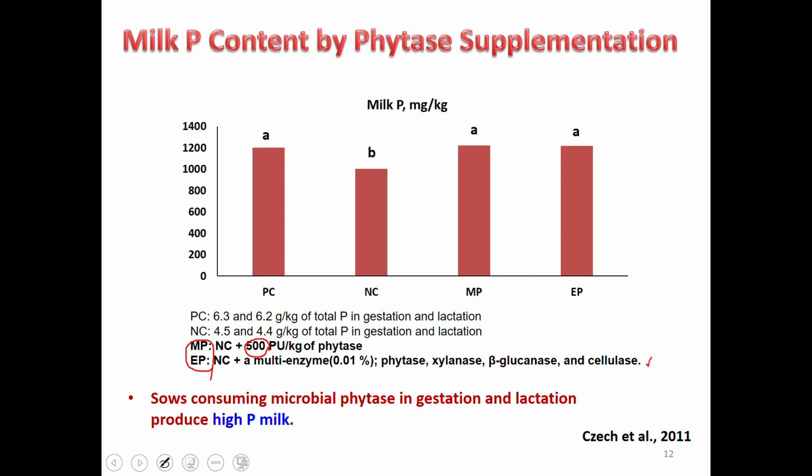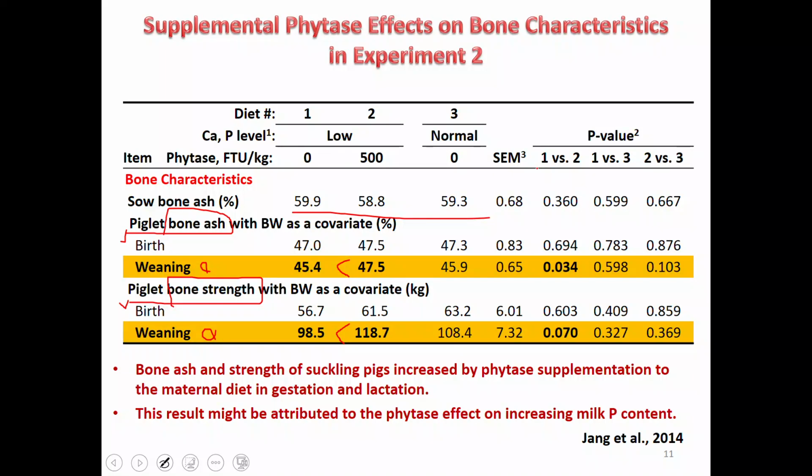Then in gestation and lactation period, phytase supplementation increased milk phosphorus content, okay, compared to negative control diet. So supplementing phytase in sow diet, in gestation and lactation, could increase phosphorus content in milk, and this may affect piglets' bone ash and bone strength because they are drinking this milk.